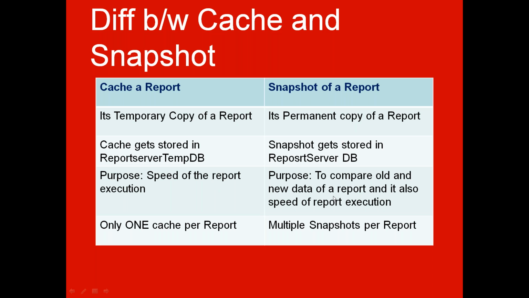Only one cache per report, but multiple snapshots per report can be taken. Clear? So the purpose of the snapshot is to maintain the report history. What was the salary for Ram in 2015? What is the present salary for him? I can see the salaries in different snapshots so that I can easily identify the growth in his salary.